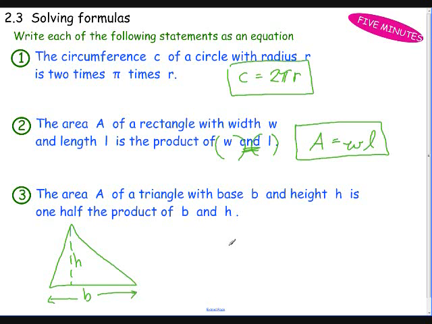Its area is 1/2 the product. So again, the product. These are going to multiply together, b and h. These are all formulas that you may find useful in this section.